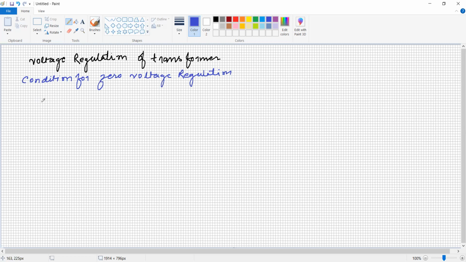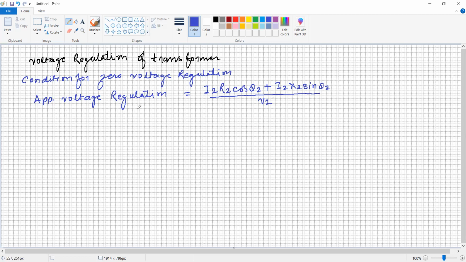We have the approximate voltage regulation equal to I2 R2 cos theta 2 plus I2 X2 sin theta 2 divided by V2. Multiplying by 100 gives the percentage voltage regulation.